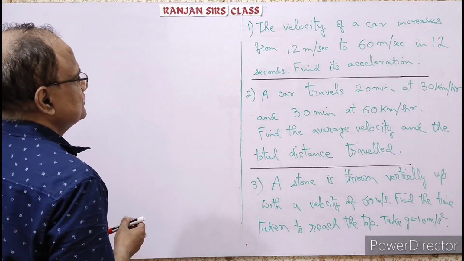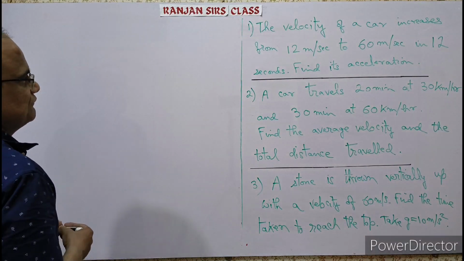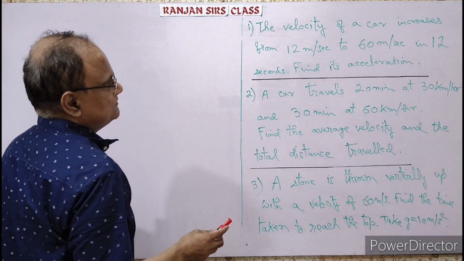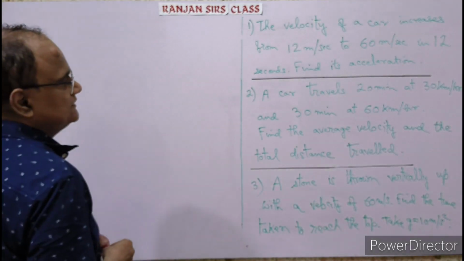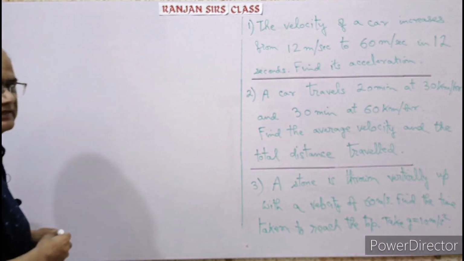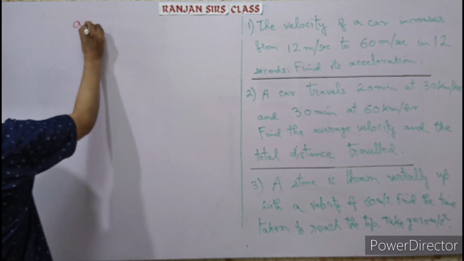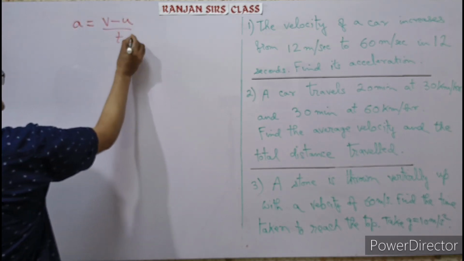The first problem says the velocity of a car increases from 12 meters per second to 60 meters per second in 12 seconds. Find its acceleration. Very simple, isn't it? Acceleration is final velocity minus initial velocity divided by time.